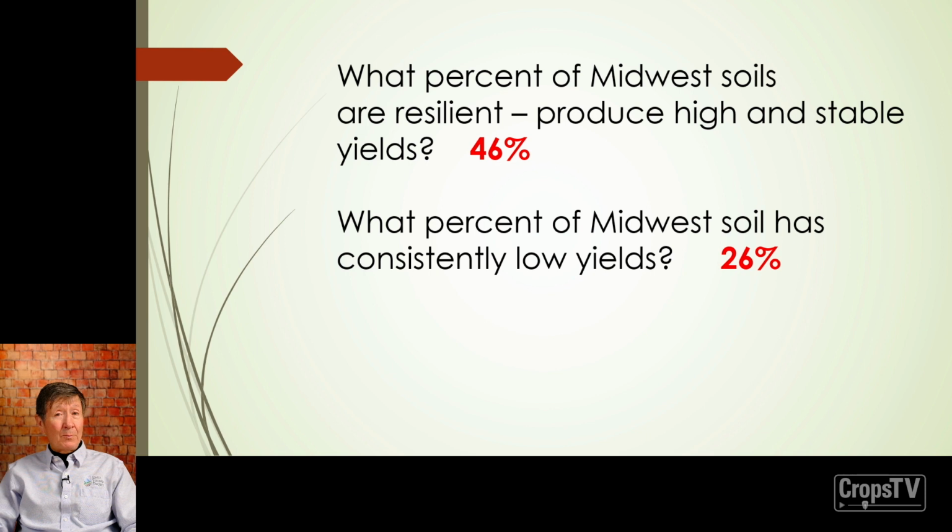So I'll ask again, what percent of the Midwest soils are resilient? They produce high and stable yields. We didn't address this on that graph, but it was about 46%. That was a study where they were looking at the infrared stability of temperatures. What percent of the Midwest soils has consistently low yields? 26%.